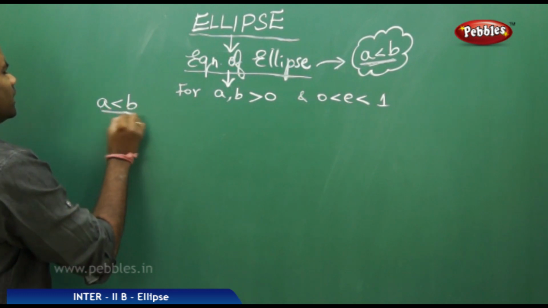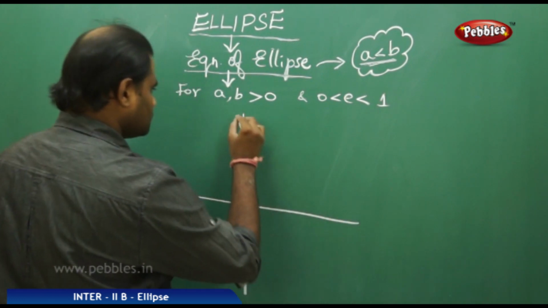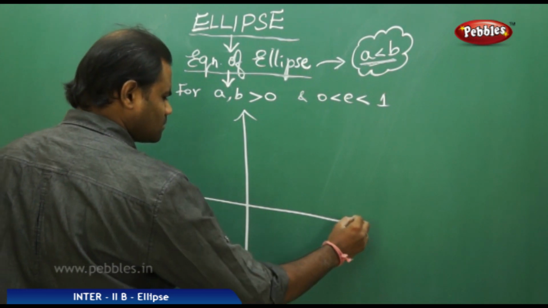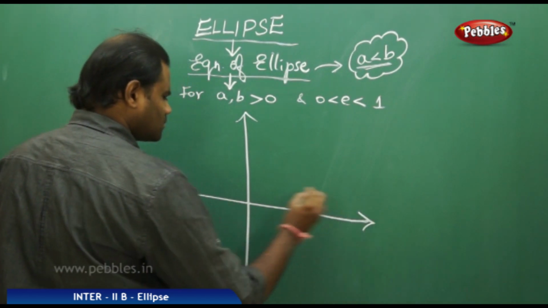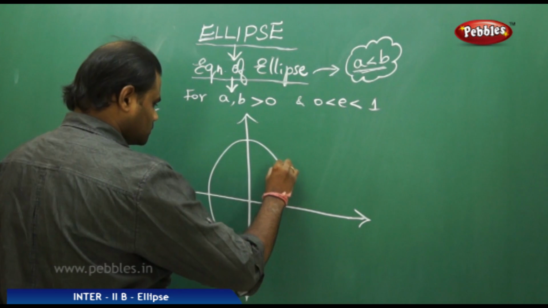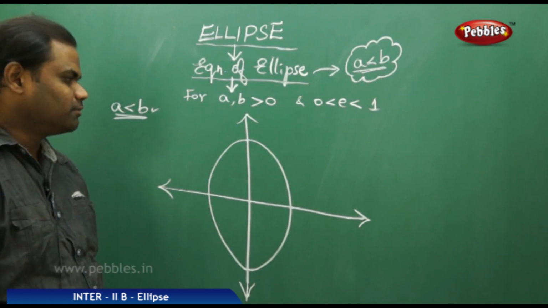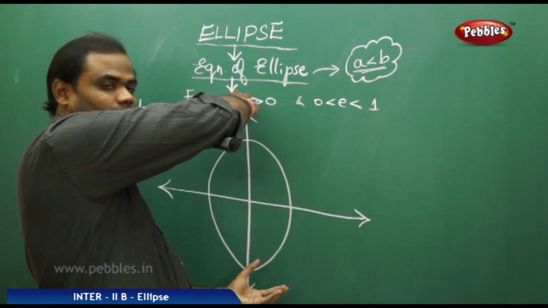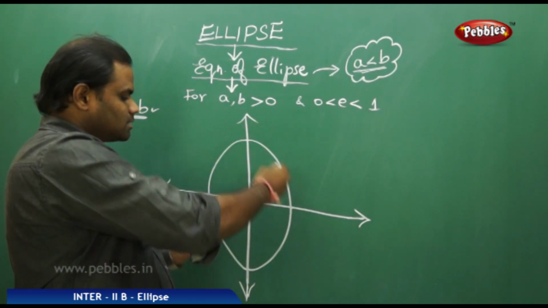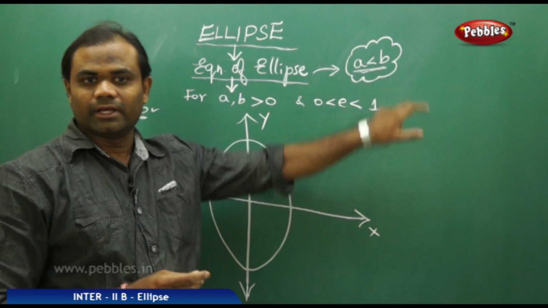So for the case of a less than b, I have the ellipse which is in the shape inverted out here. In the previous case, it was in this shape and now it turns onto the y-axis. The major axis turns onto the y-axis and the minor axis turns onto the x-axis is how we see the difference between a greater than b and a less than b.